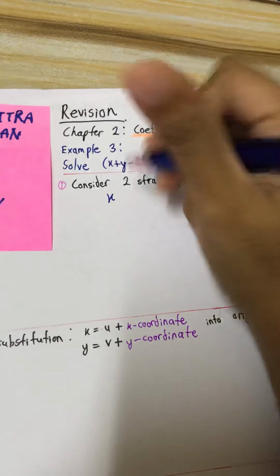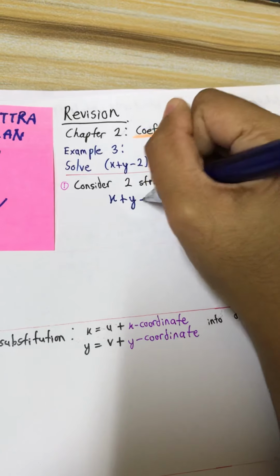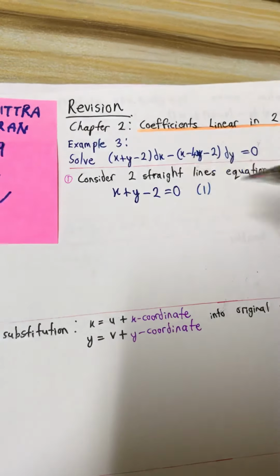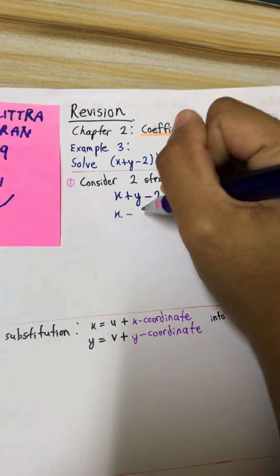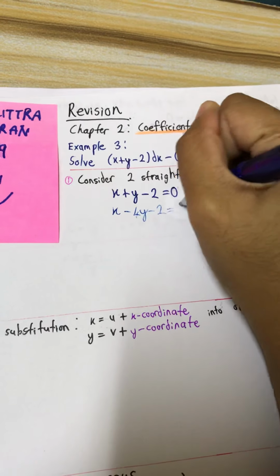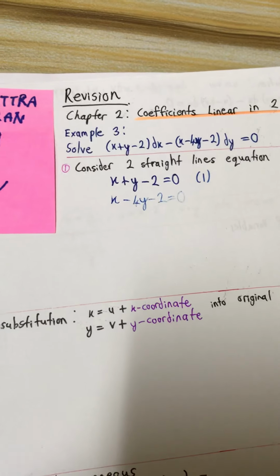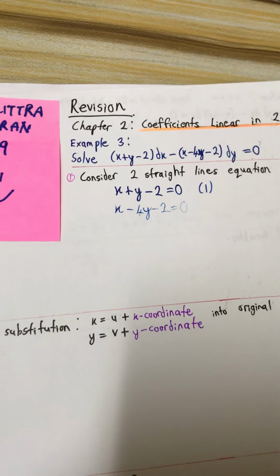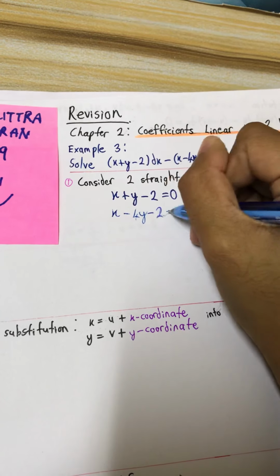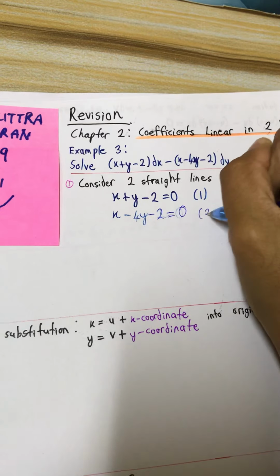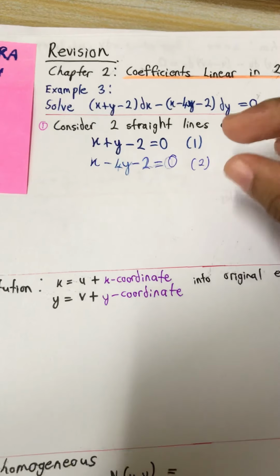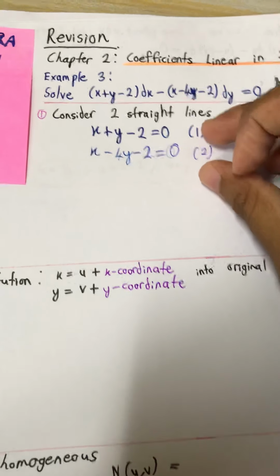The first line equation is x + y - 2 = 0, known as equation 1, and the second one is x - 4y - 2 = 0, known as the second equation. So we have to determine whether these two equations intersect or are parallel.